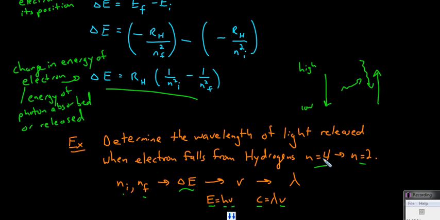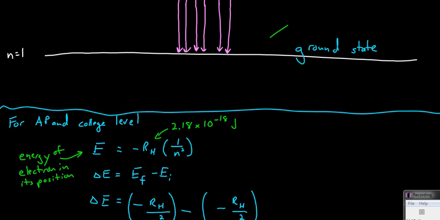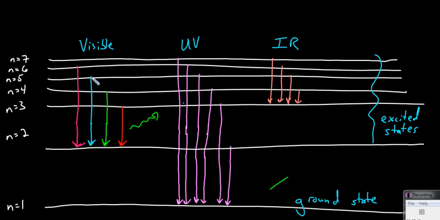You would find that the transition from 4 to 2 should give you visible light. Transitions which fall to principal energy level 2 usually give you visible light, as you can see with this blue-violet light, actually 4 to 2 for this blue-green light.